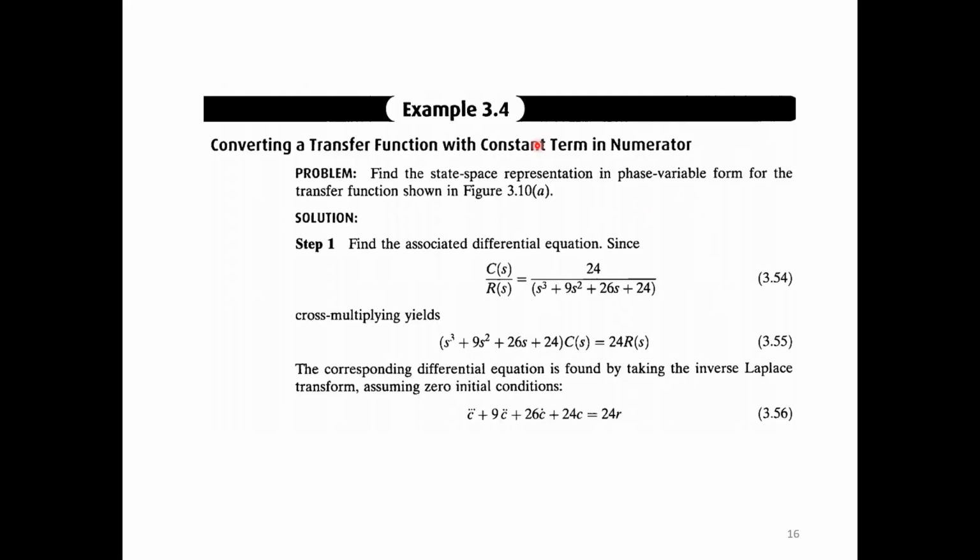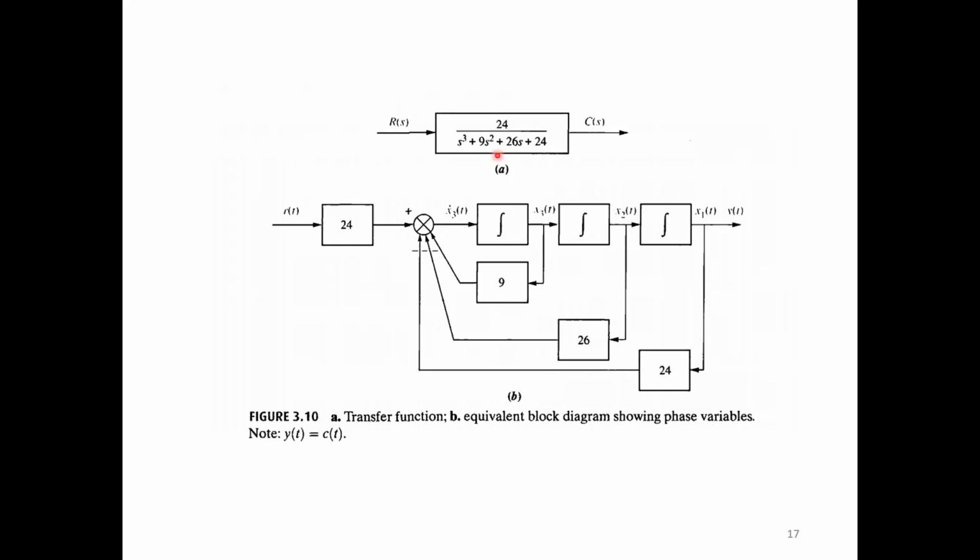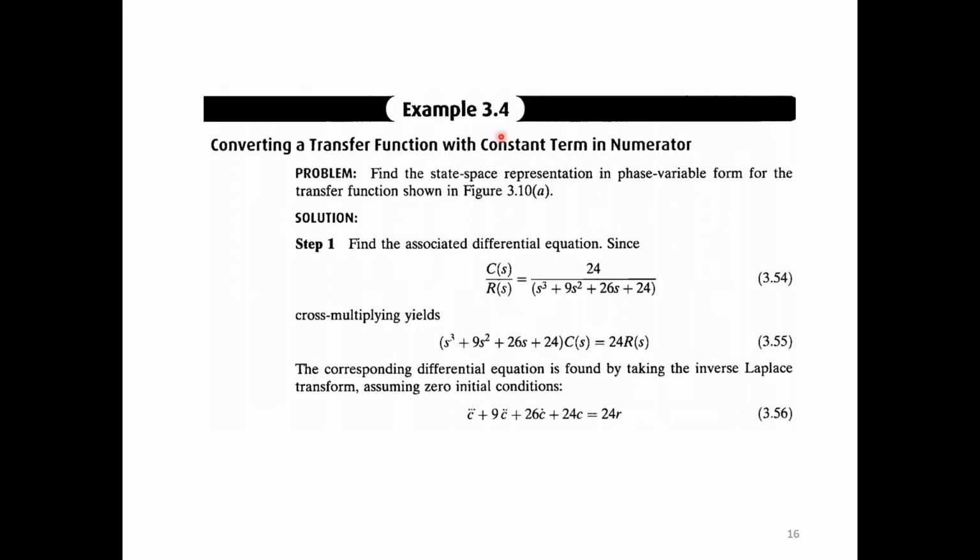How to do it? First of all, we know C(s) by R(s) is equal to this one. Now cross multiply. The corresponding differential equation is found by taking the inverse Laplace transform.